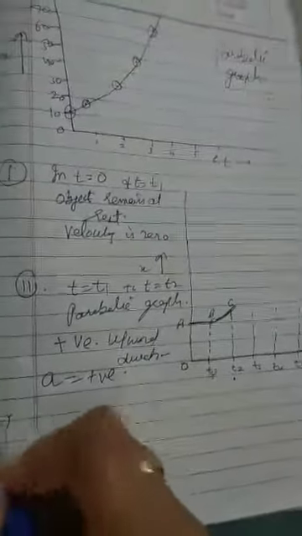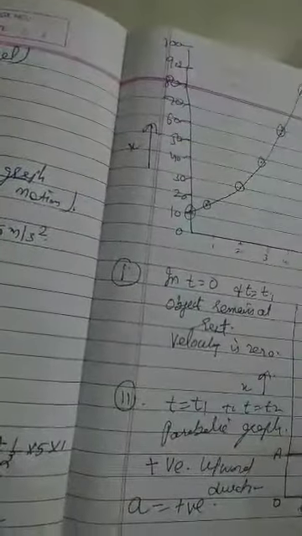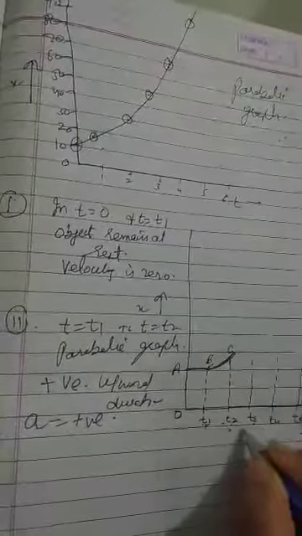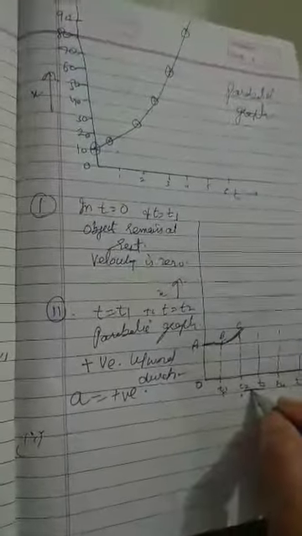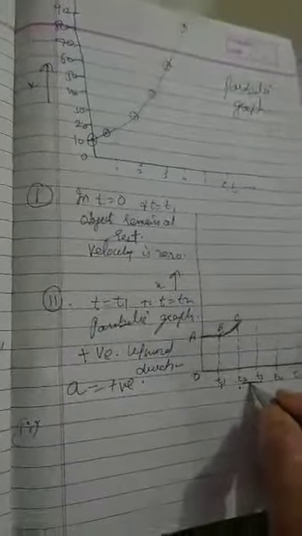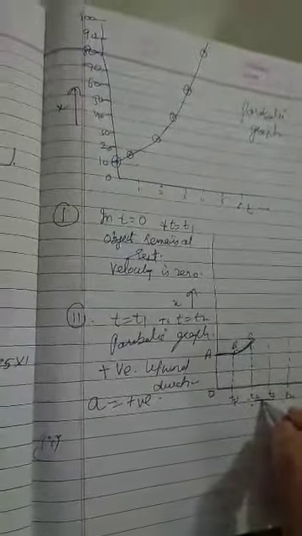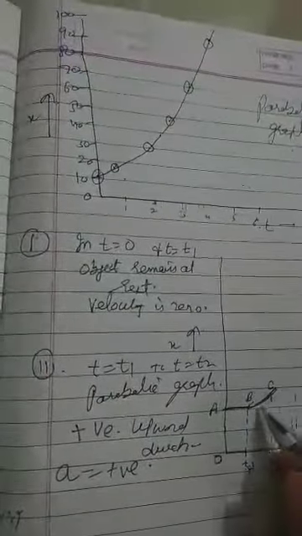Next, the third point, from time t2 to t3, in this time interval the object moves with constant velocity, so the CD portion of the graph is a straight line. First of all, it speeds up.